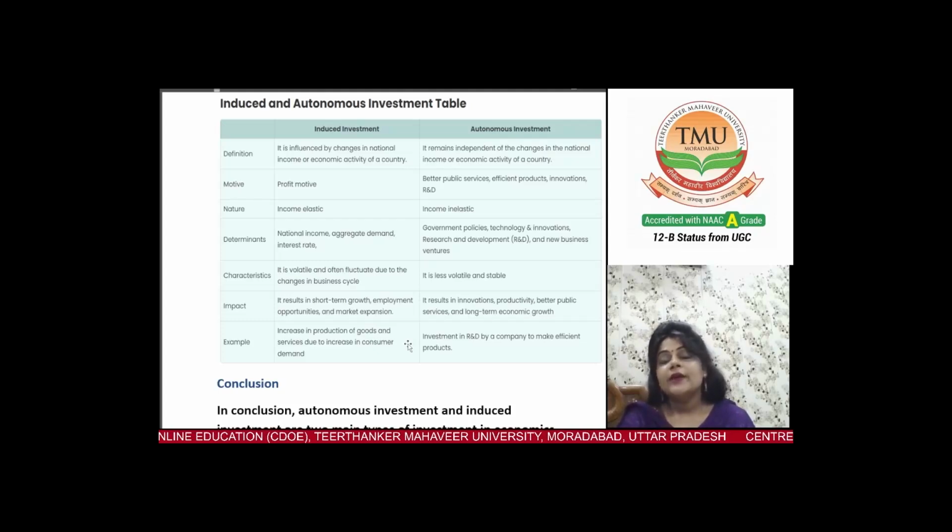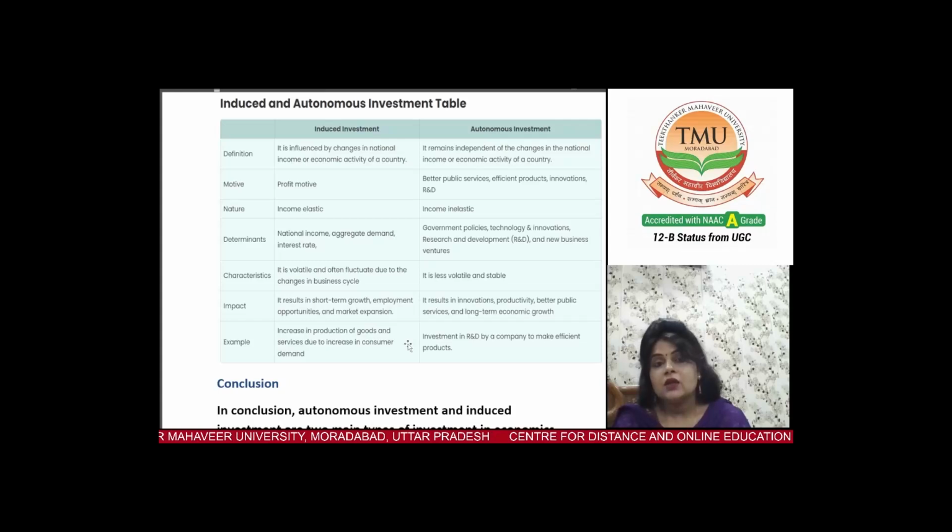Determinants: induced investment is determined by national income, aggregate demand, and interest rate, while autonomous investment is determined by government policies, technologies and innovations, research and development, and new business ventures. With it, characteristics: induced investment is volatile and often fluctuates due to the changes in the business cycle, while autonomous investment is less volatile and stable.